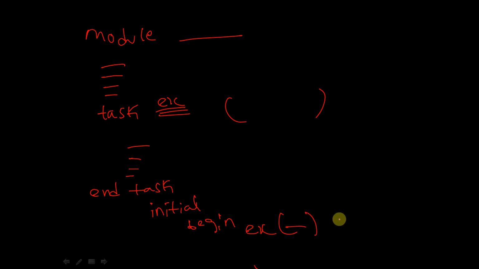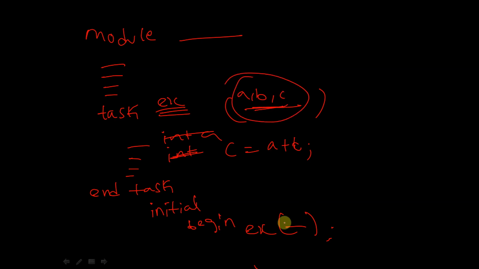I will pass some arguments, for example int a and int b, with the operation c is equal to a plus b, where a and b are input arguments and c is my output argument. Now I'm calling this task for the first time.